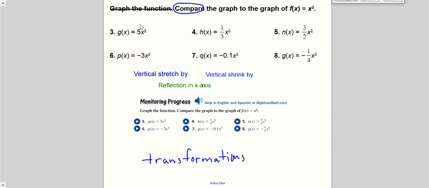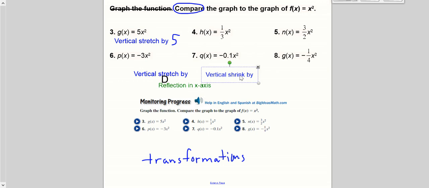So for number 3, multiplying by 5, does that stretch it or shrink it? It stretches it. So we get a vertical stretch by 5. And the next one, vertical stretch or shrink.